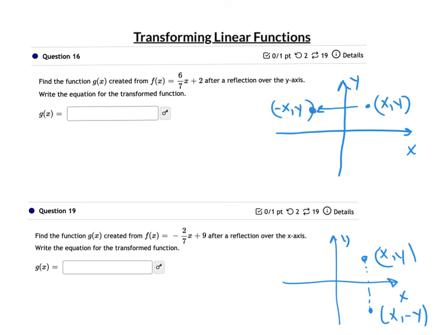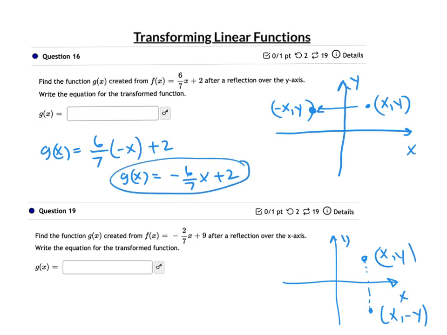So it's right over here, and only the x changes. X becomes the opposite. So this equation becomes g of x equals 6/7, and x becomes the opposite. Now, hopefully you're going to simplify that and write that as y equals negative 6/7 x plus 2. Notice, again, this was horizontal, and notice that only x was affected.